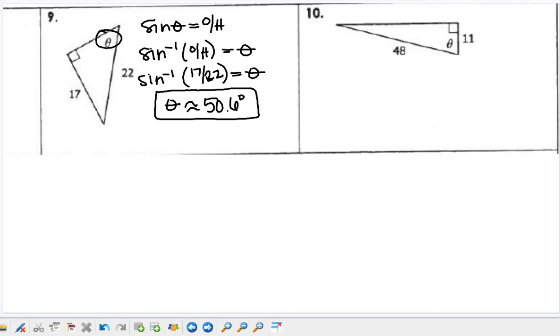All right, I'm going to give you a second to work number 10. You can pause the video. If you need to, take longer if I start working and you're not done.